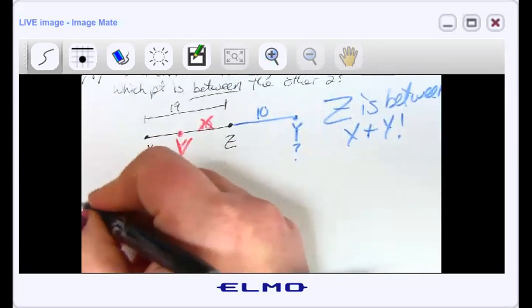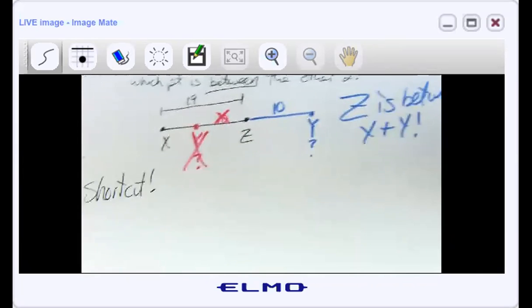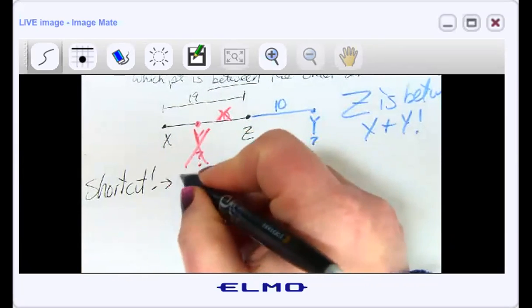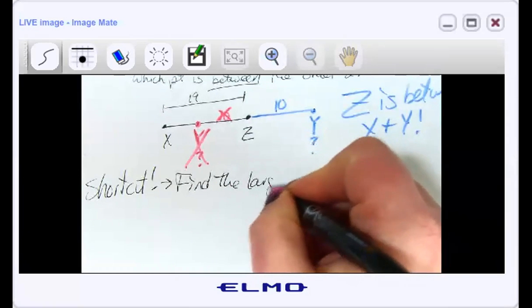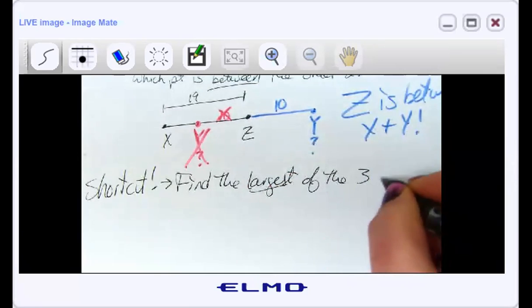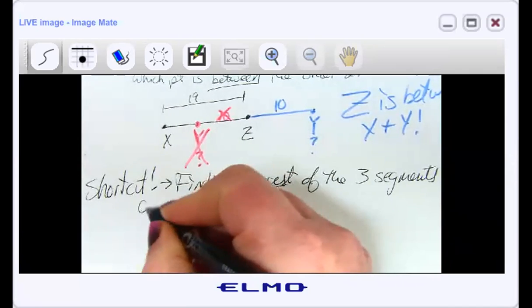So, shortcut: find the largest of the 3 segments given.